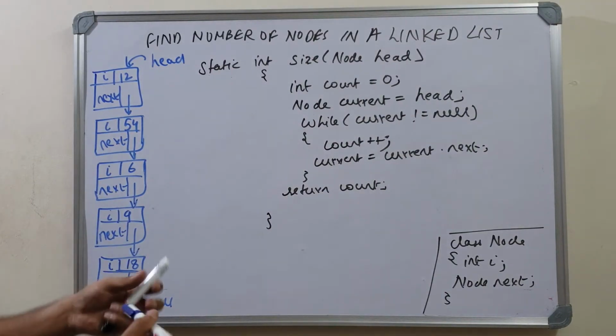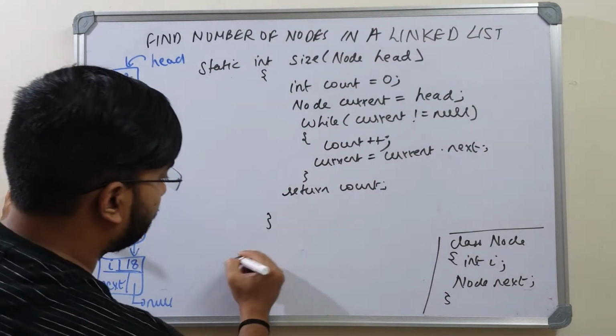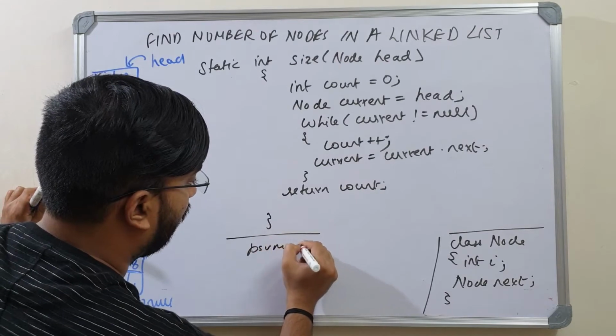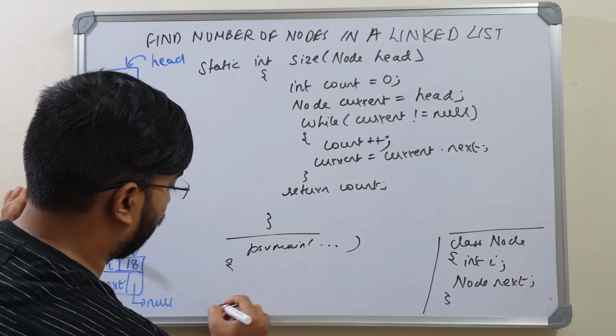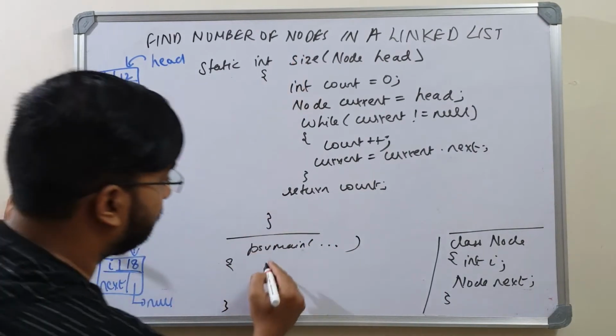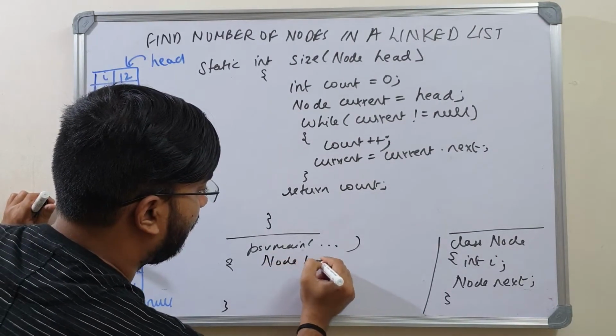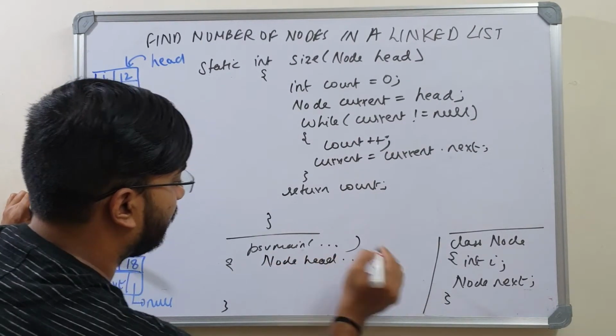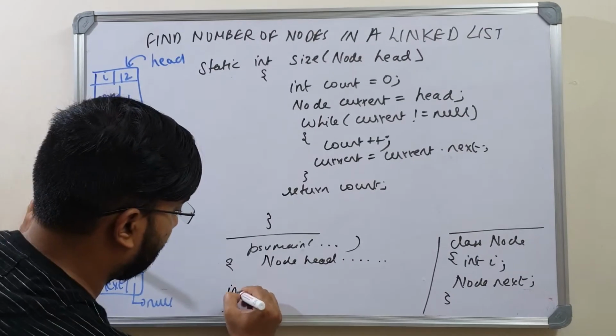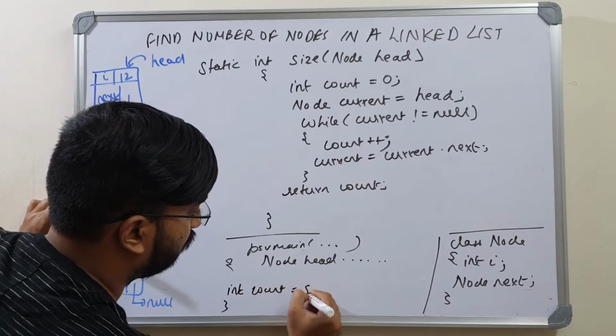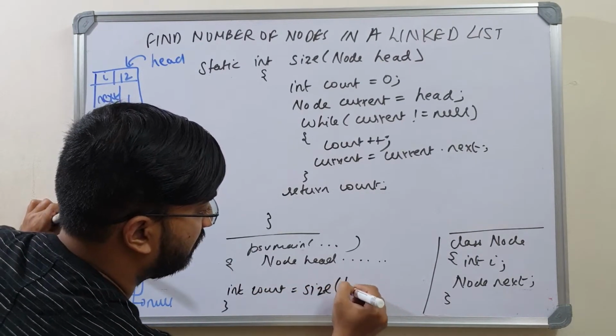Let's see how this works. In your main, you are going to call something like this. Suppose this is your public static void main, or wherever you are calling this method, it just needs the head. So I have this node head. There were some insert operations on it, and I'm going to say int count is equal to size of this head.